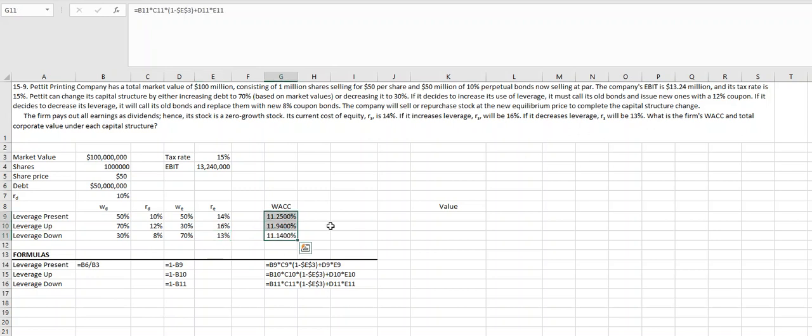So we have all the information we need to calculate the WACCs for each of the situations. So presently the firm has a WACC of 11.25%. If the firm leverages up, the WACC will go to 11.94%. And if it leverages down, the WACC will fall to 11.14%. The other information we need here is to know that, well, we have EBIT, we can back out for tax, and we also know that this is a zero growth stock since everything's being paid out.